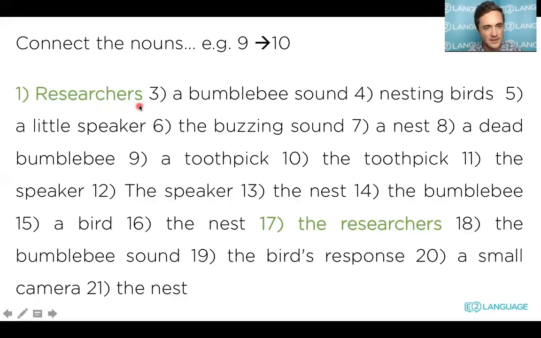Here we have researchers and we don't have an article, it's plural. But here we mention it again, it's still plural, and we use the researchers, the researchers. Using a pen and paper, I want you to connect the nouns, okay? So here we have a bumblebee sound. I want you to read through the paragraph and find the connecting noun, okay? I'll give you a couple of minutes to do this.